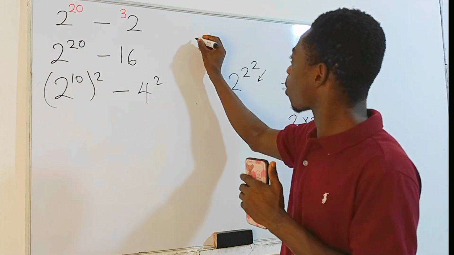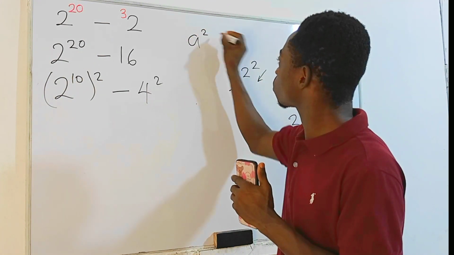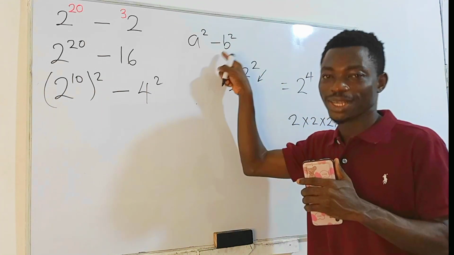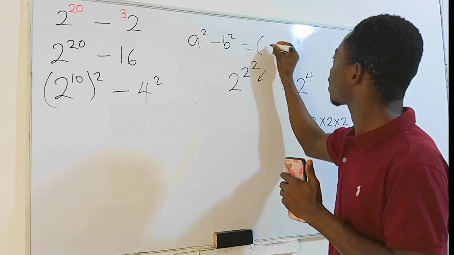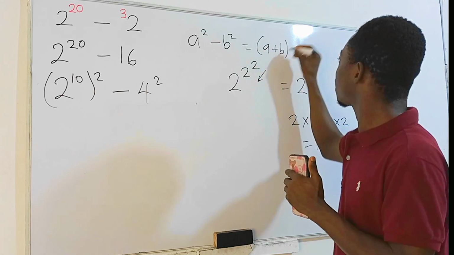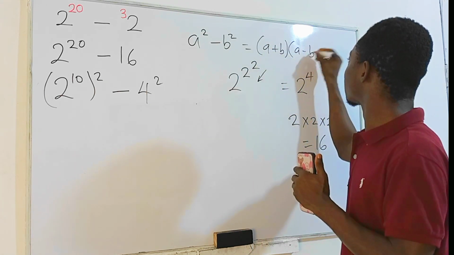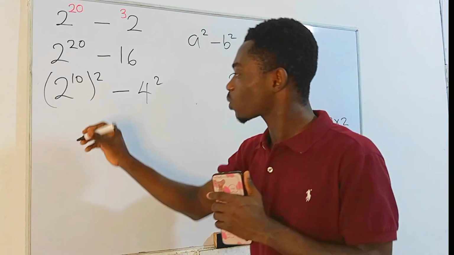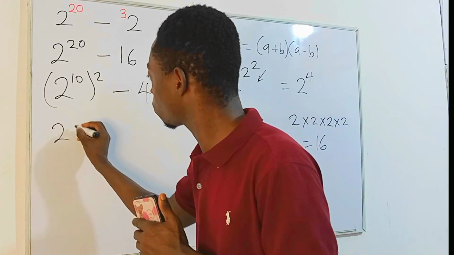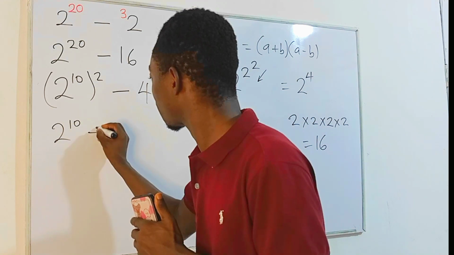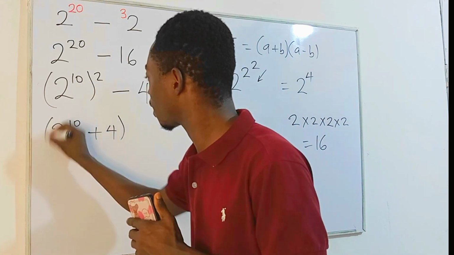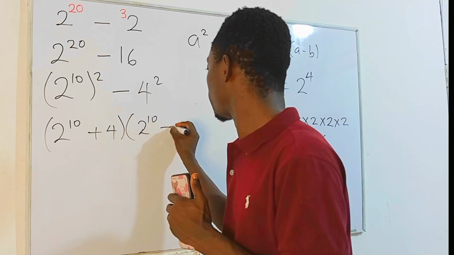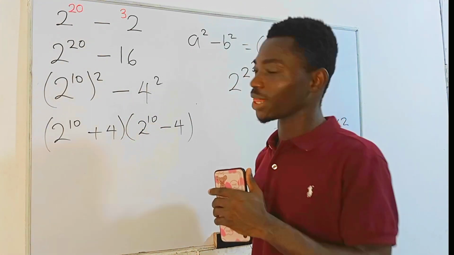Again, let's recall this: if we have a to the power 2 minus b to the power 2, this is a difference of two squares, and we can rewrite this as a plus b times a minus b. So we can apply this idea right here. We are going to have 2 to the power 10 plus 4, multiplying 2 to the power 10 minus 4.